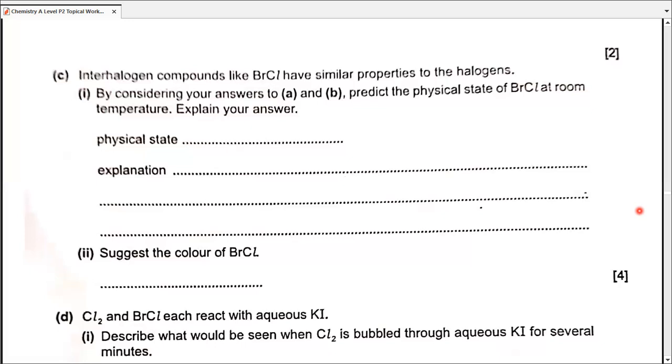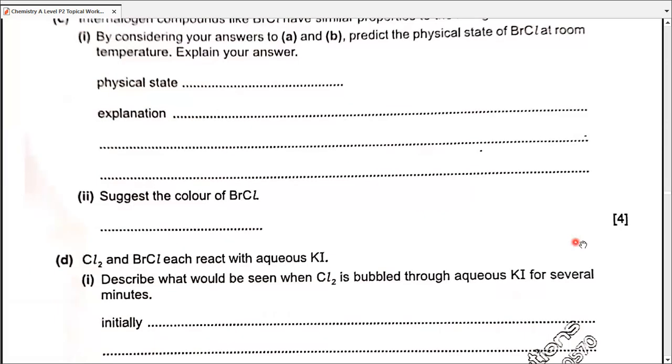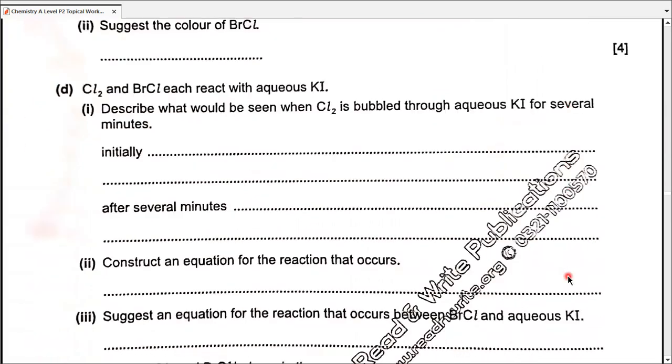You can go from pale to anywhere in between, light, dark. That would work because bromine is red brown, or deep red as we call it, and chlorine is pale green. So anything in between can work well actually.